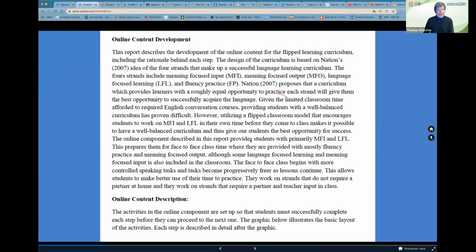Okay, I do have some materials to help you with this. This first one, when it comes to flipped classrooms, is from a friend of mine who was in charge of, he's a director of his program at a different city here in Korea, and he and his team switched all of their curriculum to a flipped classroom style.